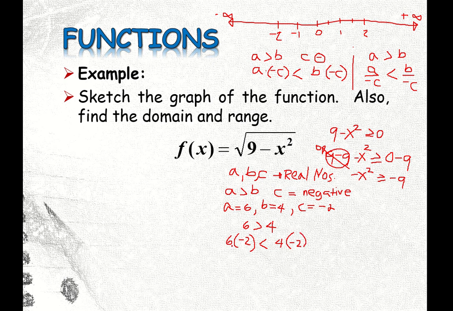Sorry, 6 times negative 2, that is negative 12, right? So negative 12, is it greater than or less than negative 8? Is it right? So it is less than.